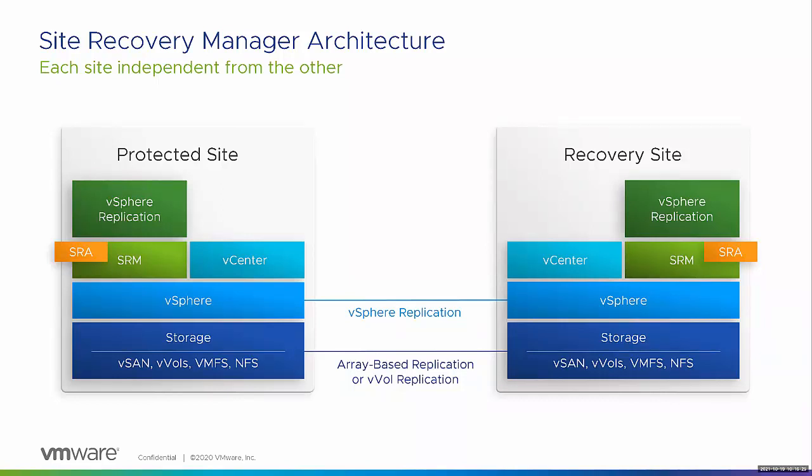The basic architecture of SRM is that SRM requires a vCenter at each site. It's going to require vSphere hosts at each site, and it requires storage at each site.